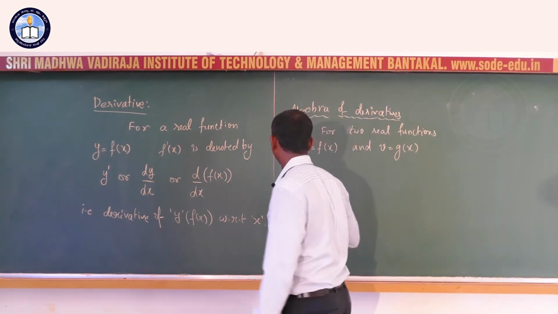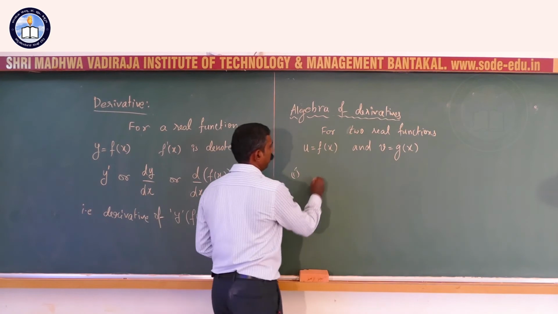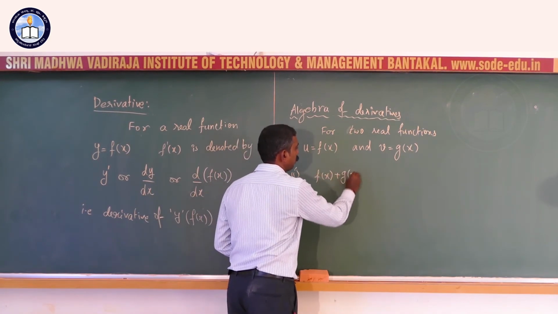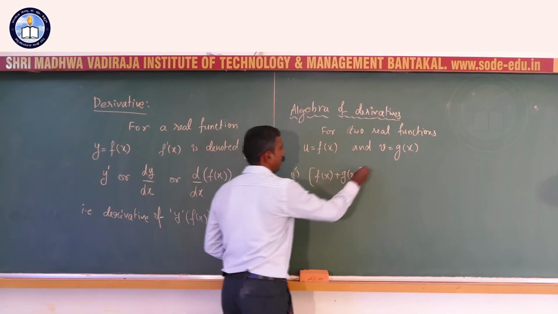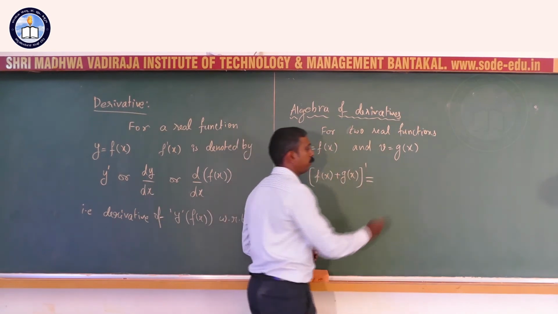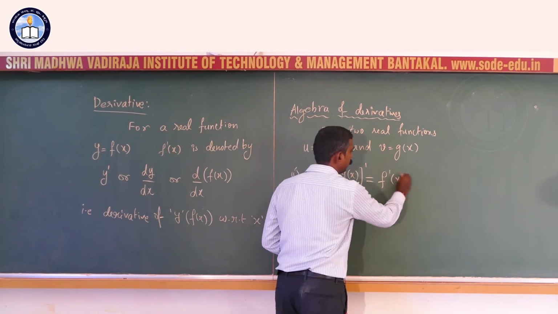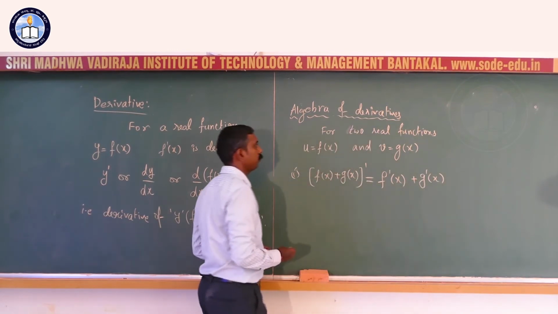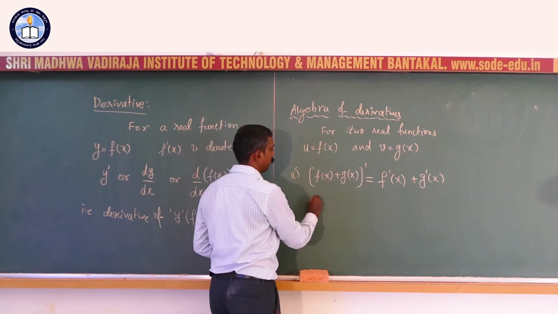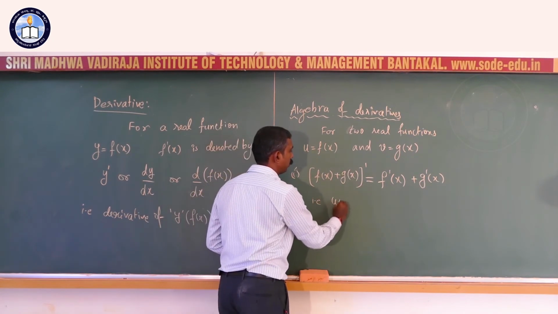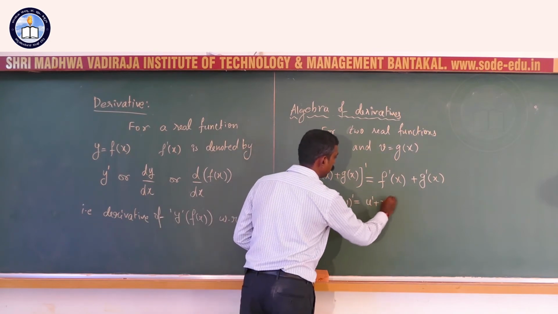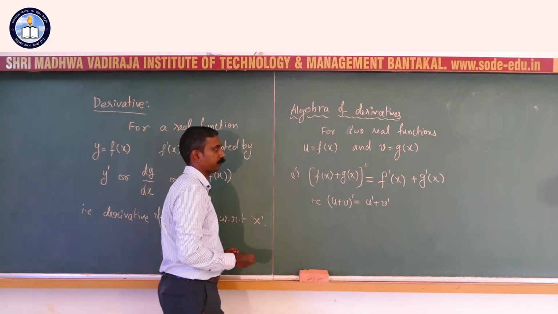Point number 1, f of x plus g of x whole dash is equal to f dash of x plus g dash of x. That is, u plus v whole dash is equal to u dash plus v dash.